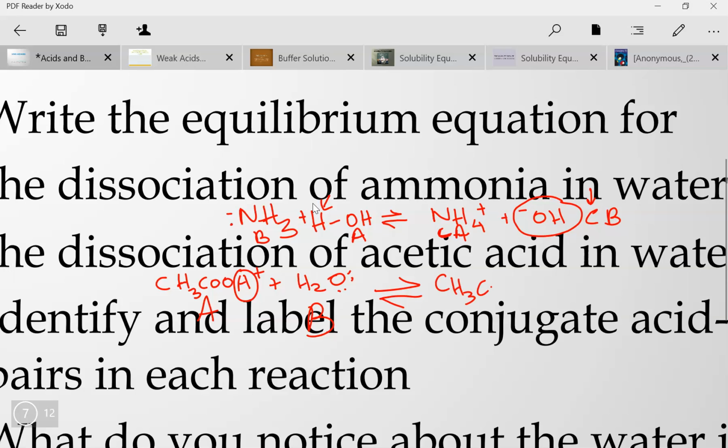What's left is CH3COO minus. The proton then comes to the water, which becomes H3O plus. Note that because I've given a positive charge away, I have a negative charge. I have taken a positive charge, accepted a proton, so my net charge is positive. So this would be the conjugate base. H3O plus would be a conjugate acid.